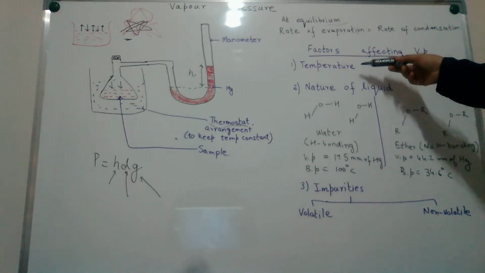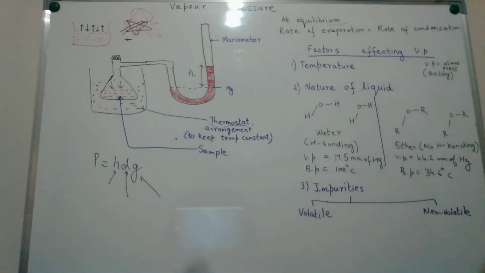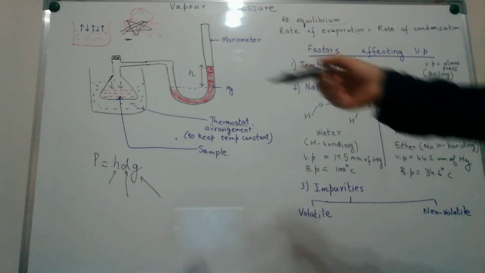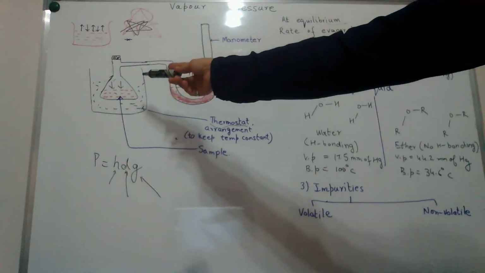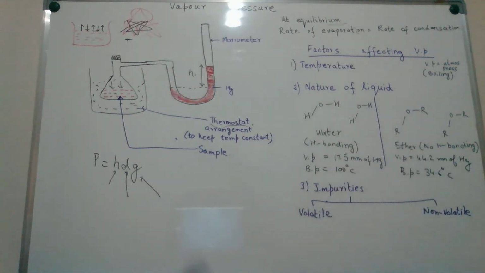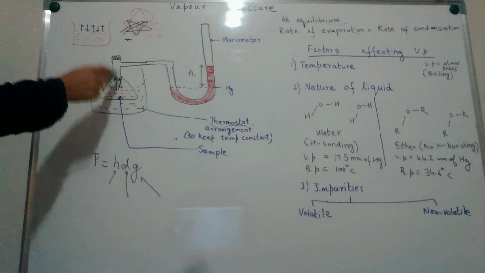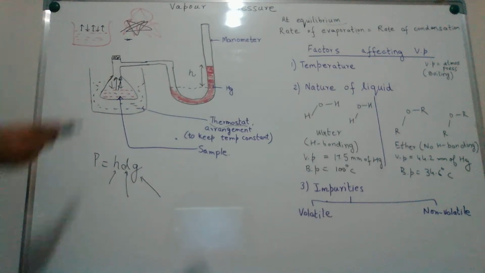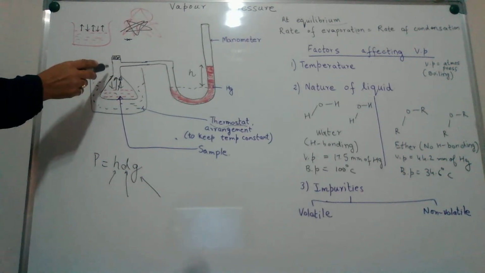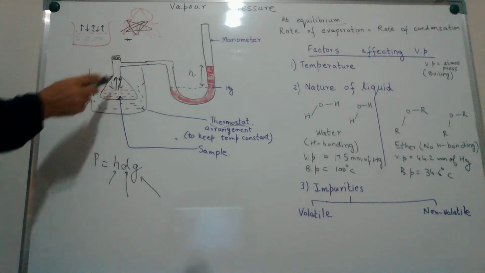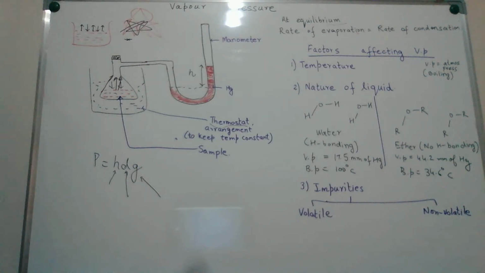First, we see that when you increase the temperature, the kinetic energy of the particles will increase. Now, when the kinetic energy of the particles increases, they will tend to leave the surface of the liquid faster. In other words, temperature will affect the vapor pressure of the liquid in this setup.